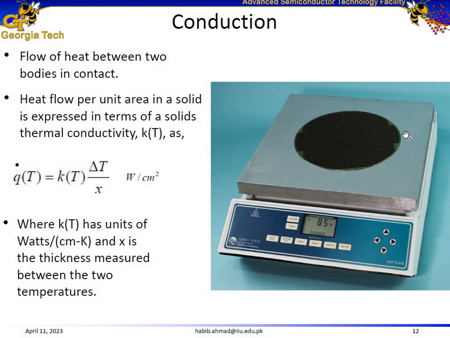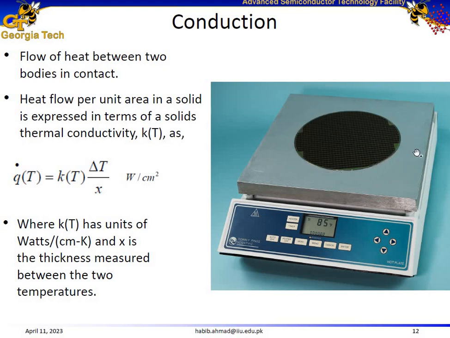In conduction, there are two solids in contact for heat flow from one material to another. For example, here we have a hot plate where we can increase the temperature up to I think like 1200 degrees C, and then here is our semiconductor wafer, a silicon wafer.